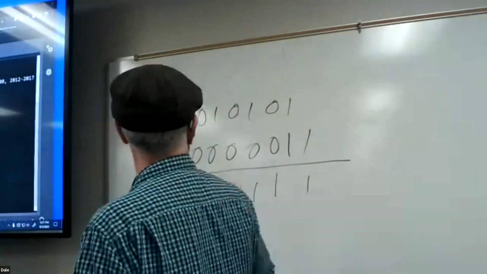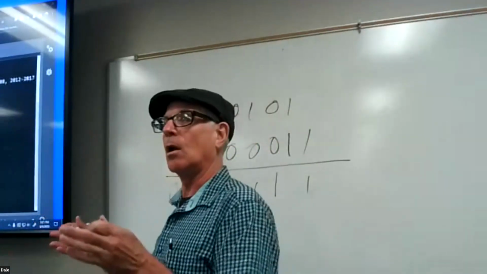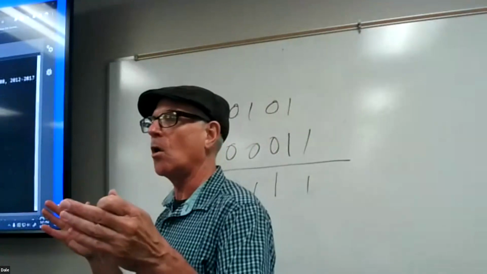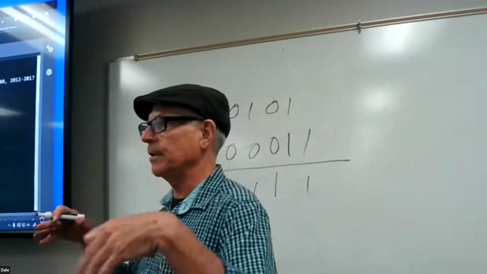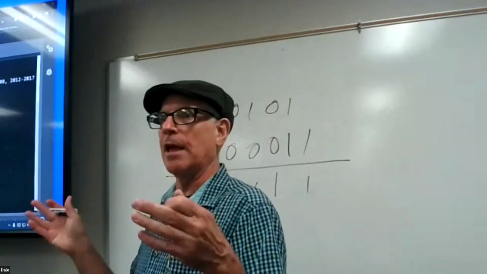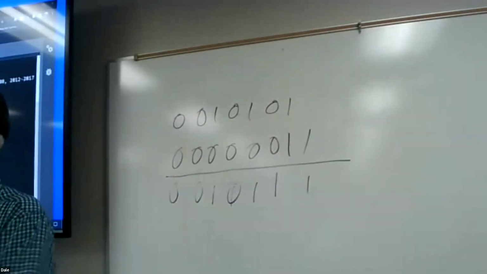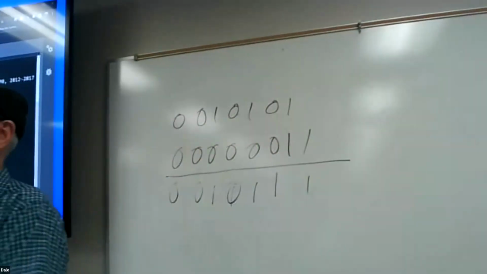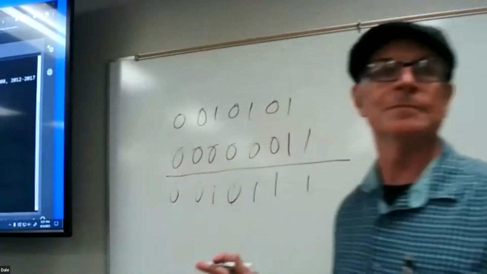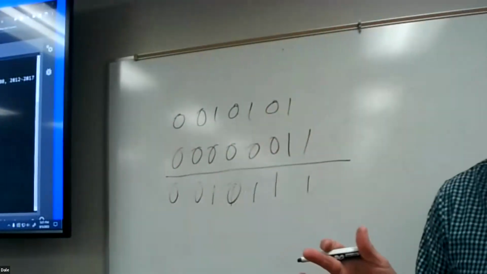If I want to multiply by 2, all I do is shift all the numbers and everything's multiplied. If I want to divide by 2, I shift. Shift right, shift left, boom.